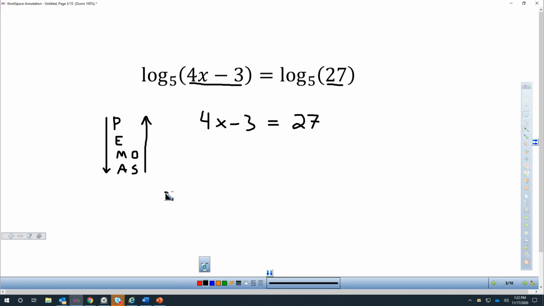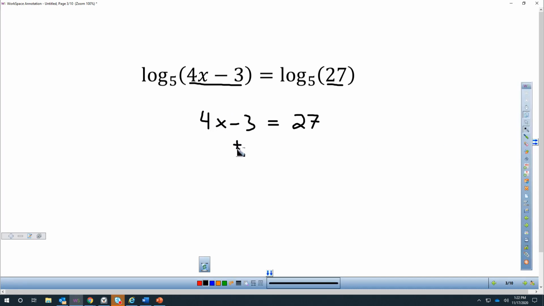So we always talk about when you get dressed in the morning, you put your socks on, then you put on your shoes. To undo that, first you have to take your shoes off, then you have to take off your socks. So when I calculate this, I would first multiply by 4 and then subtract 3, because that's what order of operations tells me to do. When I undo it, I have to first add 3 back and then divide by 4.